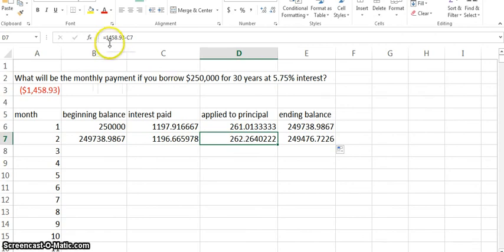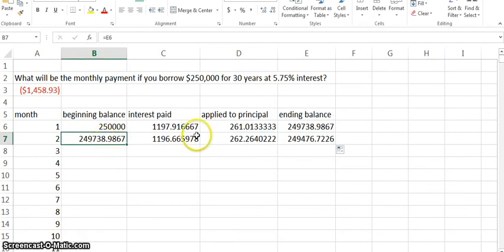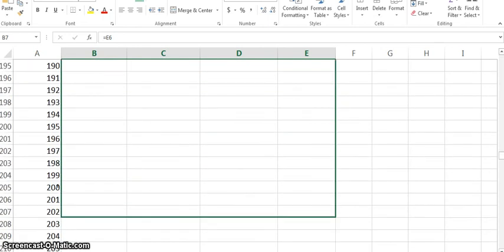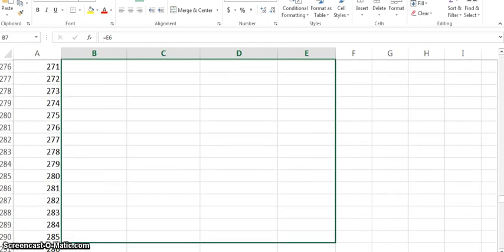Well, that $1,458.93 minus C7, which is good, and then the ending balance should be the beginning balance for that month minus how much got applied to principal. Okay, so that's good. Now all we have to do is highlight this much, not both of the top two rows, but just that one, and copy it all the way down.